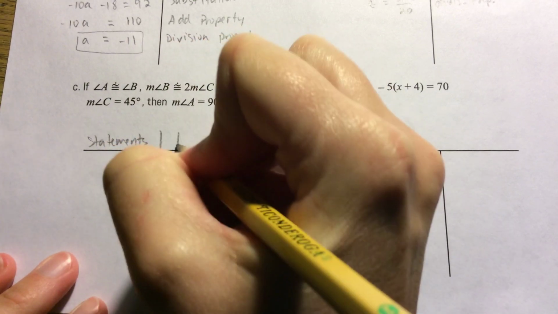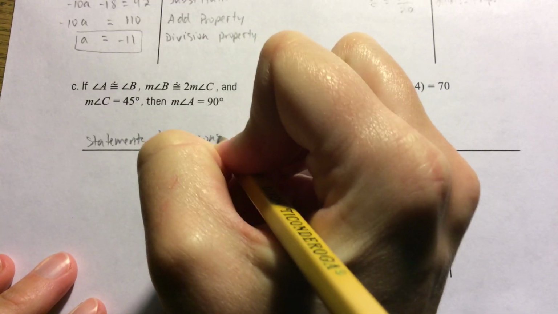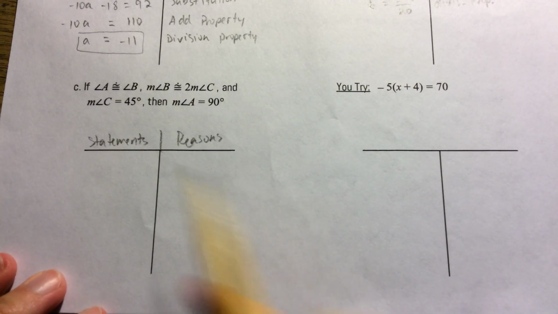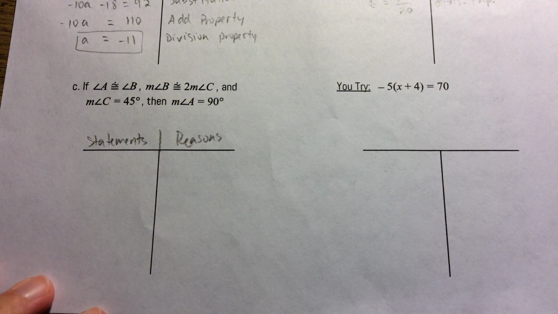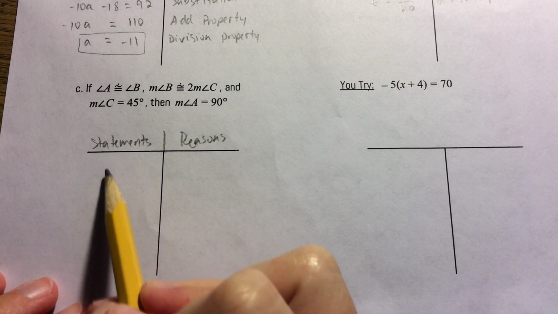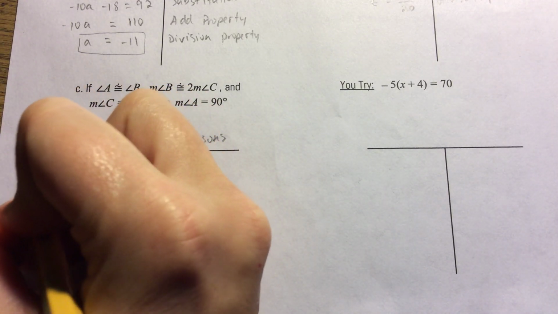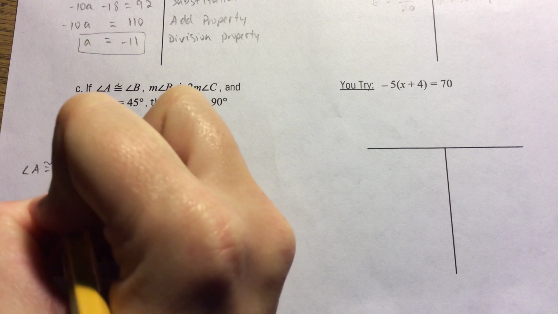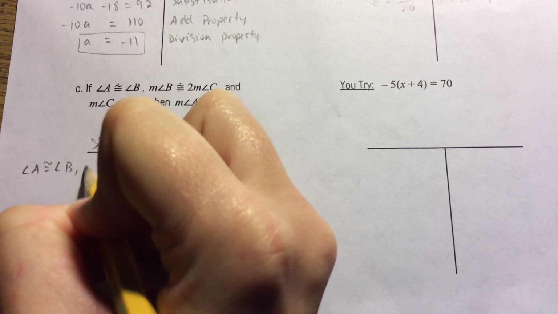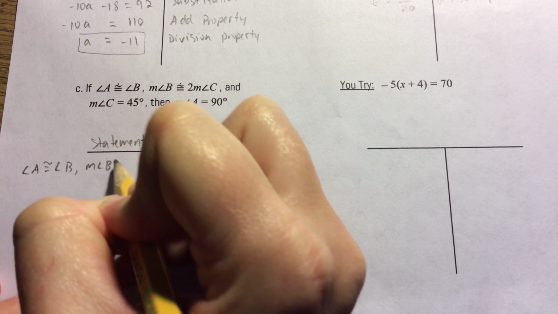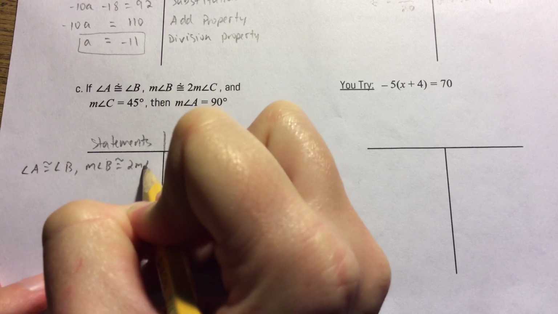So I'm starting with my statements and reasons. The things that they gave us right at the beginning here, I'm going to put those all here. If you need to use more than one row in there, you can. Which it looks like I'm going to have to.